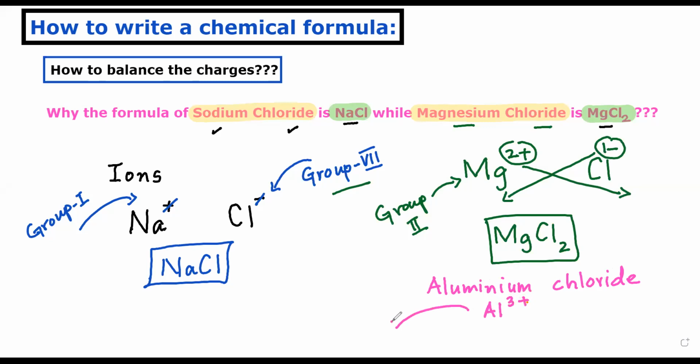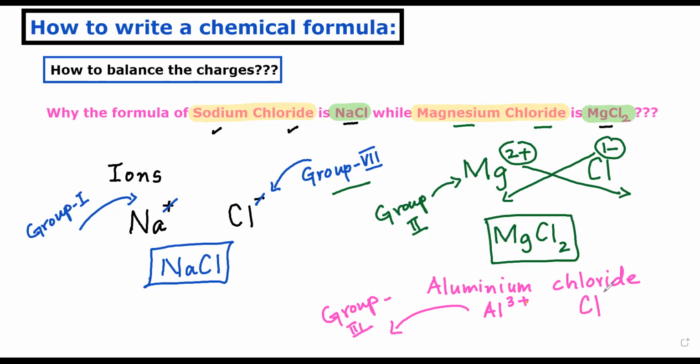Aluminium belongs to group 3. Other than the valency table, the periodic table will also give you a lot of info. All group 1 elements will have one valence electron, all group 2 elements will have 2, group 3 will have 3, and so on. The group number basically indicates the number of valence electrons.